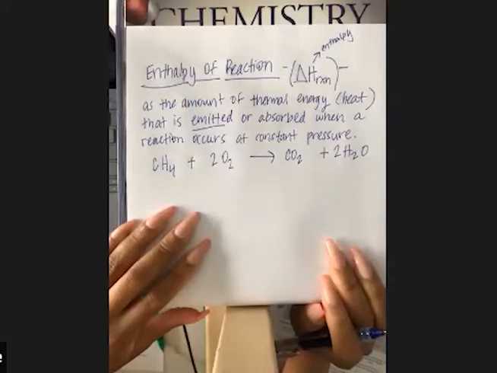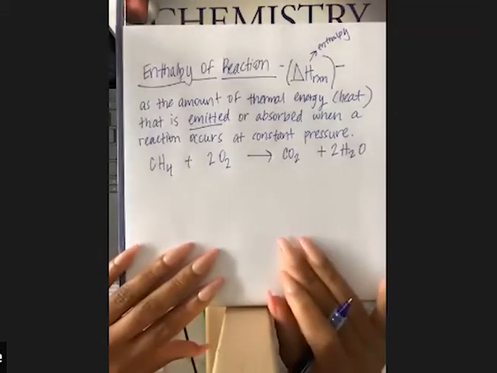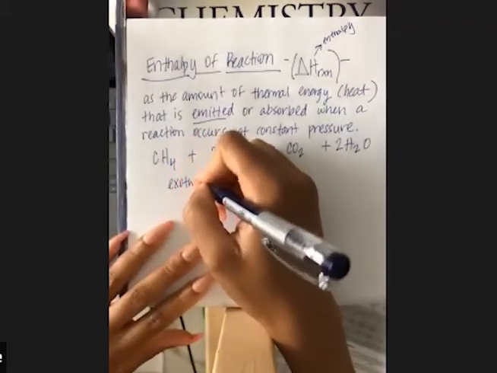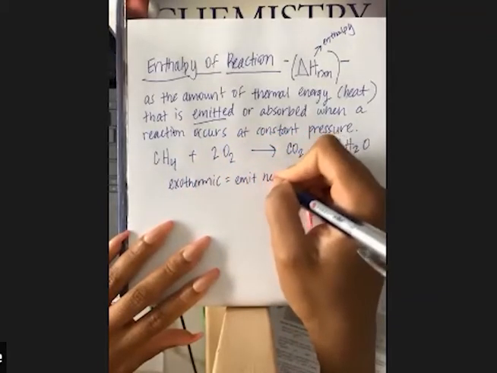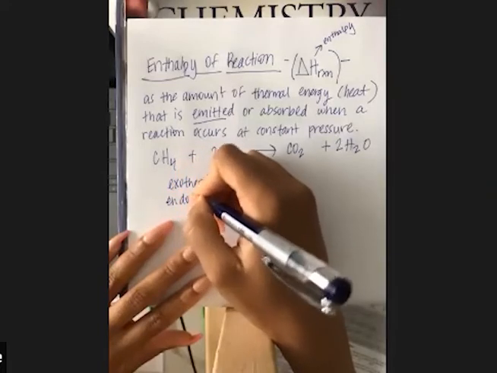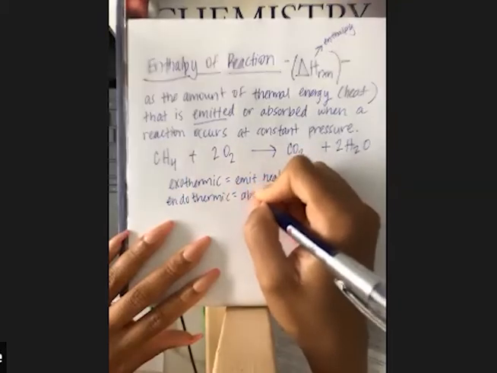It's like an explosion. And we say that that's an exothermic reaction. Just to remind you guys, exothermic means we emit heat, and endothermic means we absorb heat, or the reaction absorbs heat.